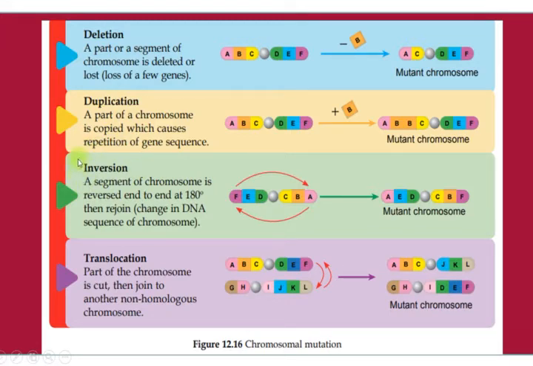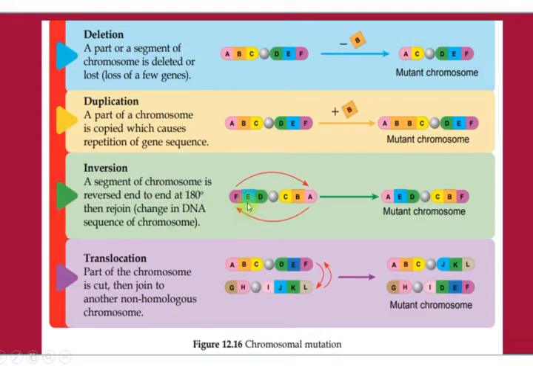Inversion: a segment of the chromosome is reversed end to end at 180 degrees, then rejoined. This changes the DNA sequence of the chromosome.